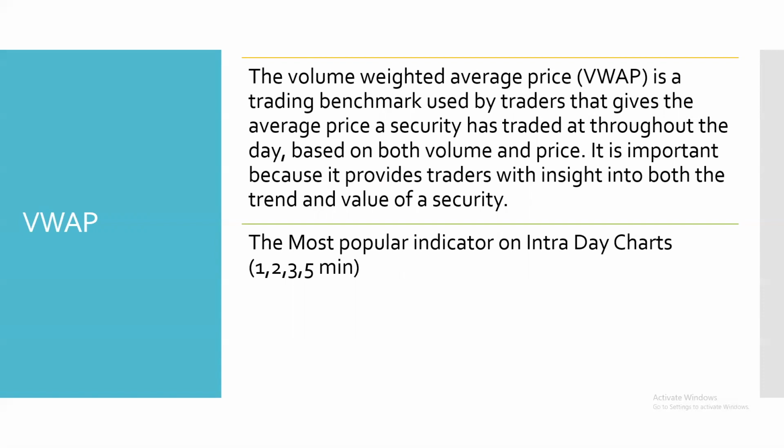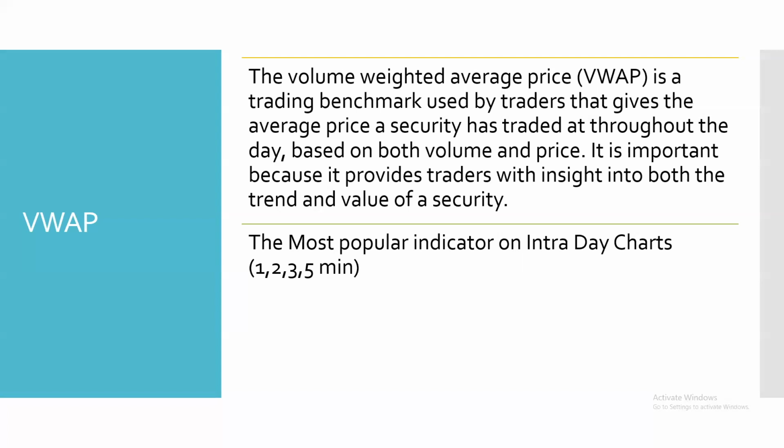All right. Now, this is where we start diving into our 1, 2, 3, 5 minute charts. Why do we use the VWAP on our 1, 2, 3, 5 minute charts? Because the price doesn't change, guys. That's the great thing about the VWAP. If we are on the 1 minute chart, let's say it's $2. If we switch to the 2 minute, it's $2.